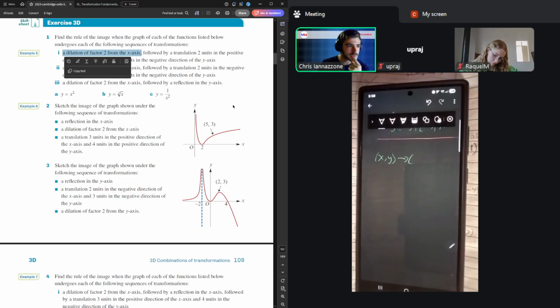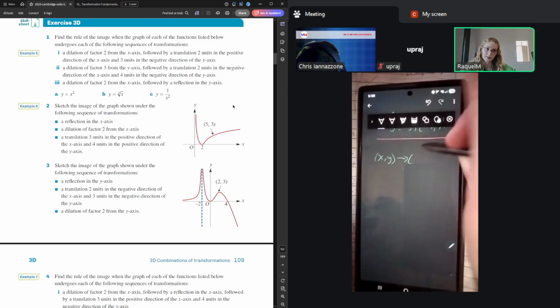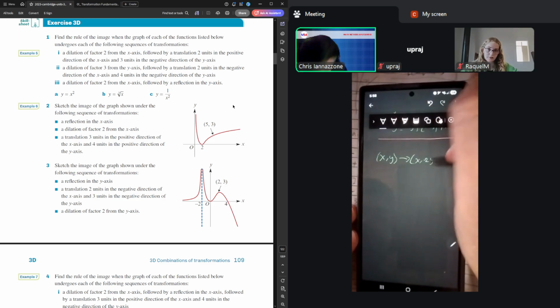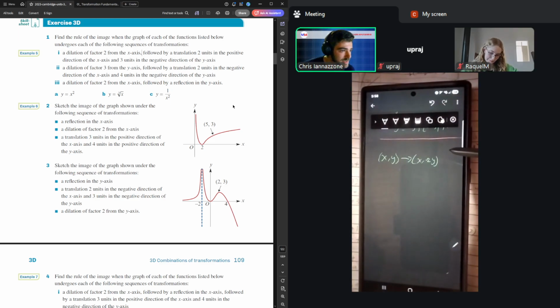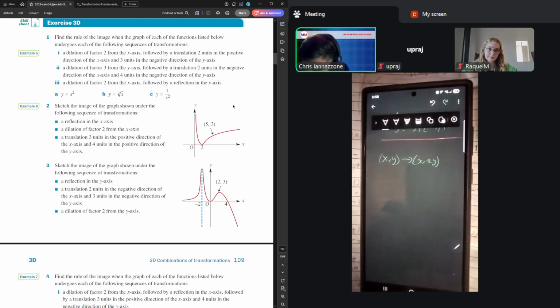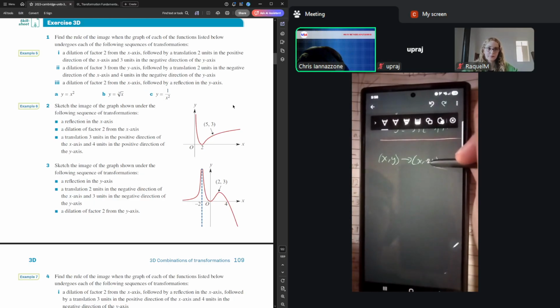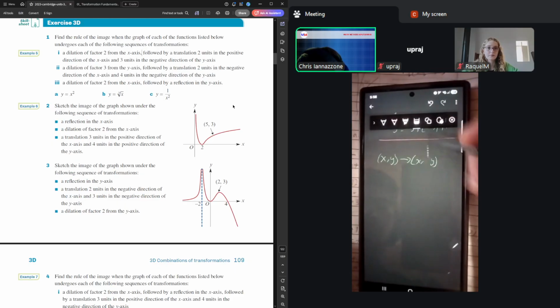What would that now look like? X comma 2y. Let me just double check. Looks like from the x means it's in the y direction, so the y should get its factor. Yeah, precisely. X comma 2y.